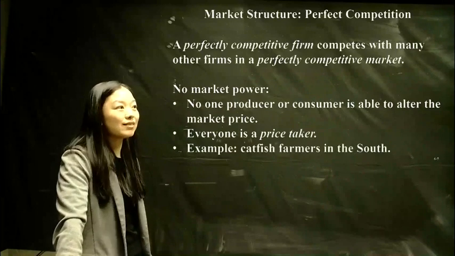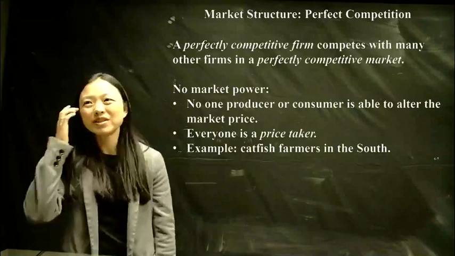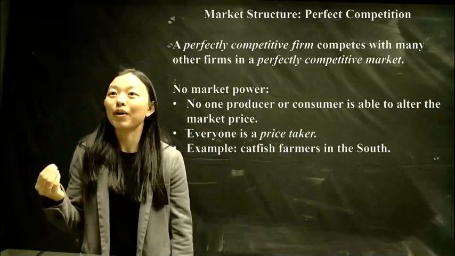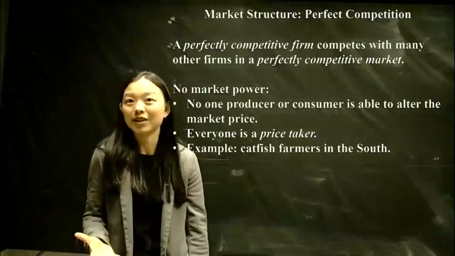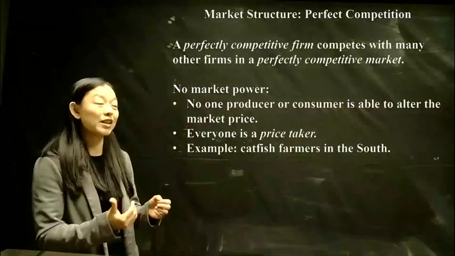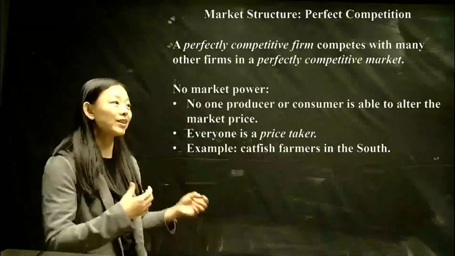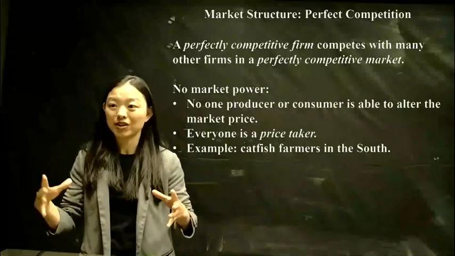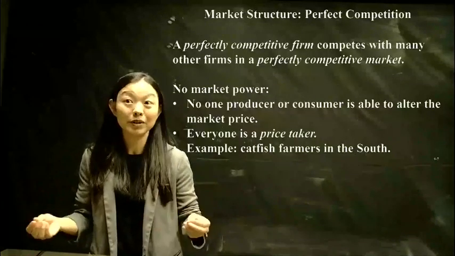In reality, there is no truly perfectly competitive market, but there are some markets that are similar to it. For example, the catfish farmers in the south. We can treat catfish as a very similar product.